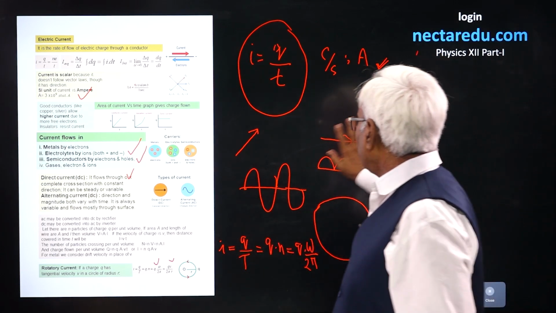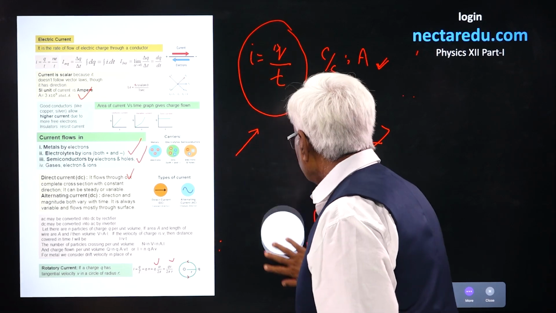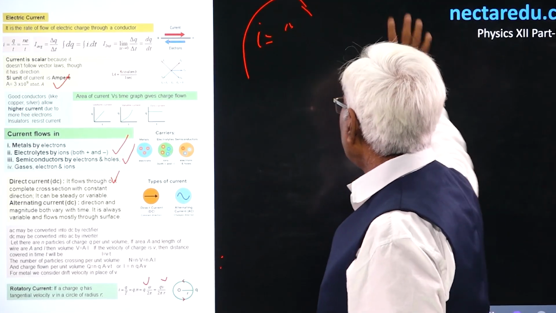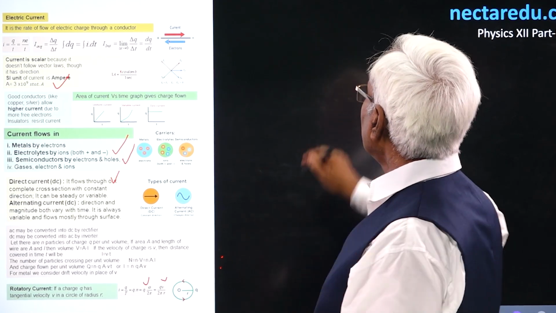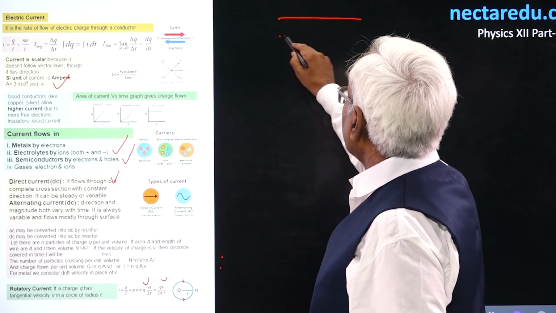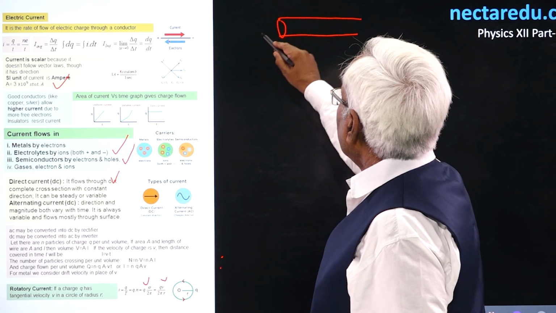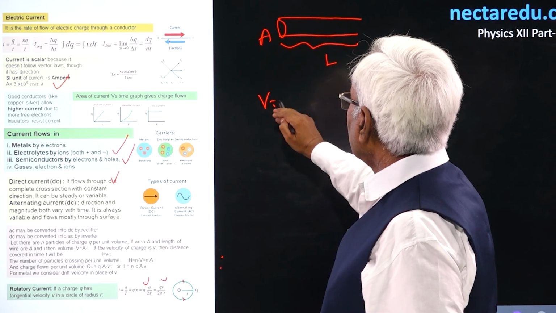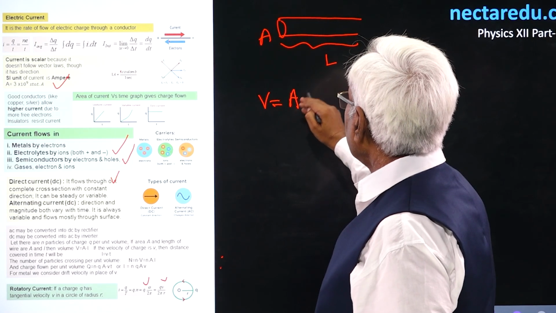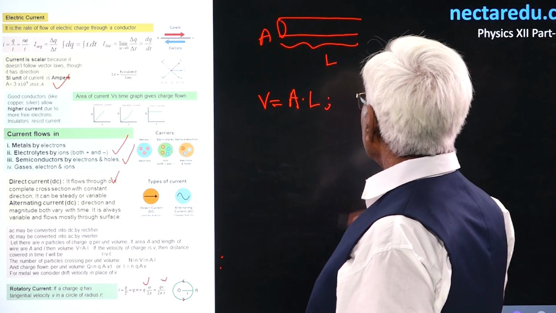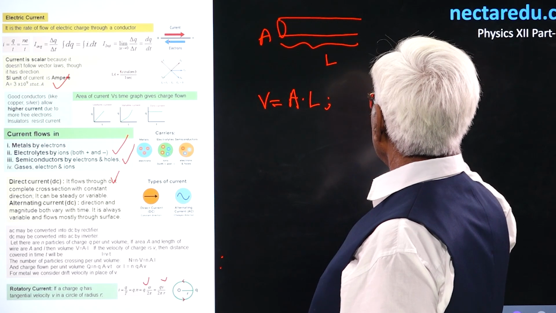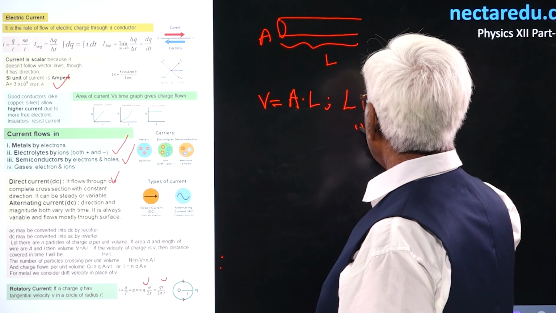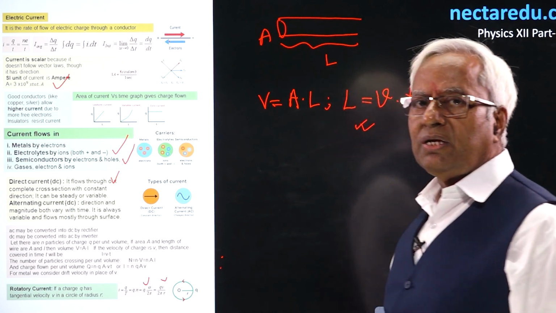And finally, we want to find one relation for the current flowing in the conductor. Suppose the conductor has the area A and the length is L. The volume is going to be equal to area into length. Suppose the velocity is v, then in t time the length covered will be given by v into t.